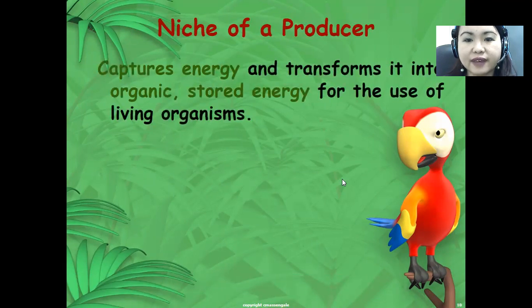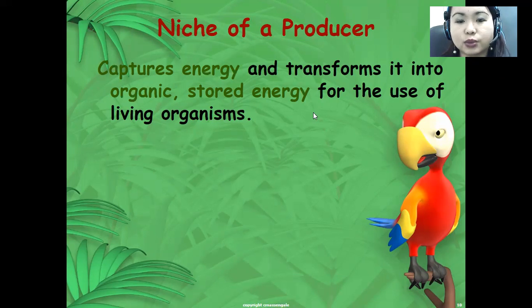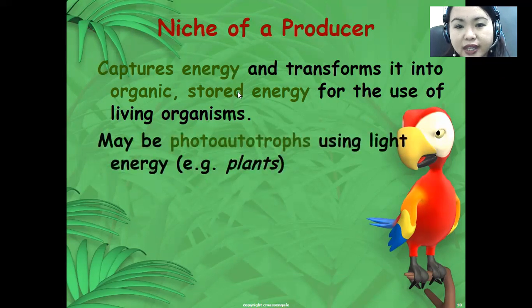They capture energy and transform it into organic stored energy for the use of living organisms. So once they capture the energy and transform it into stored energy for living organisms, those are producers.